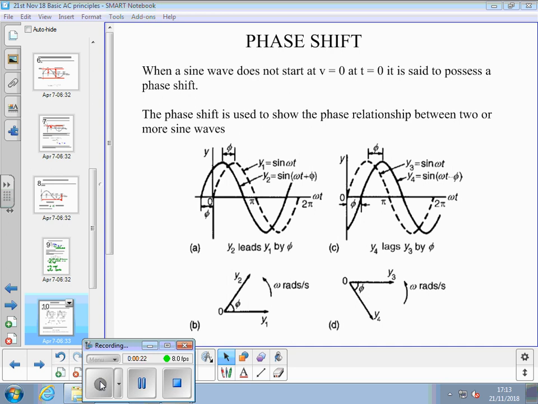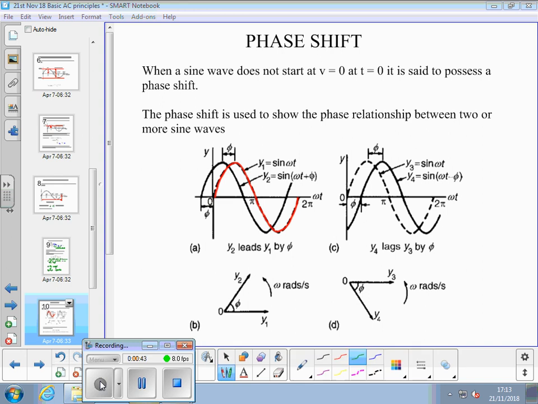So in the first diagram there, the red or dashed sine wave is a sine wave that crosses the x-axis at a point 0, so that's a sine omega t waveform, y1.